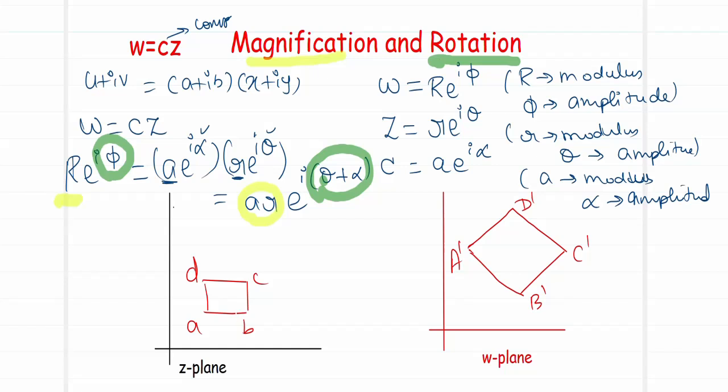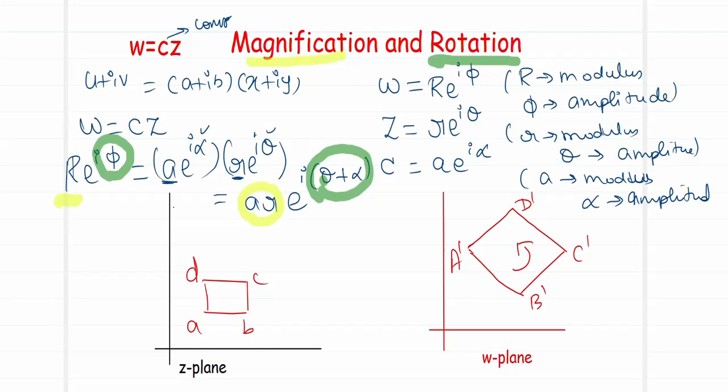What has happened to the orientation or rotation? It has now shifted and it has just given a rotation to the object, moving it to a different quantity, right? So what is the use of the transformation W equal to CZ? It magnifies the data and it rotates the data.